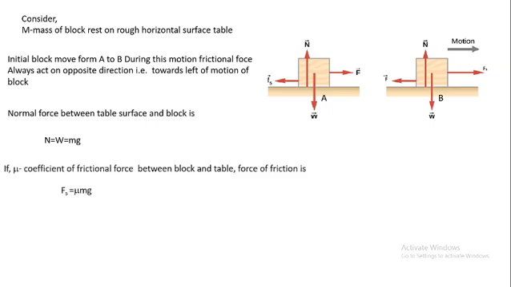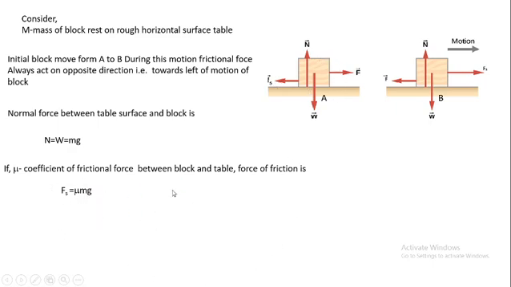But now we consider mu as the coefficient of friction between the block and the surface. So the force of friction is equal to mu into mg for that block. Mu is the coefficient of friction, and mg is the weight of the block in the downward direction.